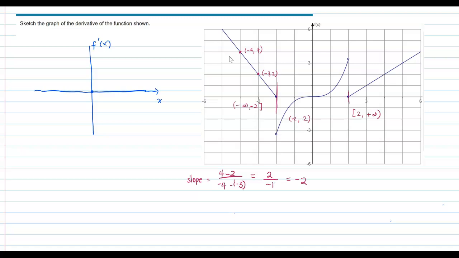So when we graph that, that means that f prime of x on that interval is negative 2. So for instance, this is x equals negative 2. Let's make a grid.